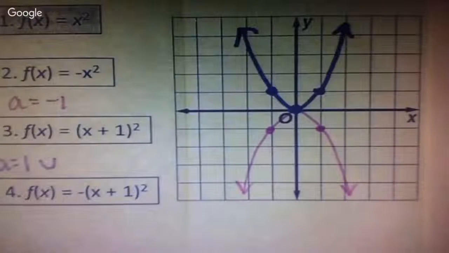However, how does this quadratic move? To the right one? Oh, it doesn't. It goes to the left. Stop. To the left, to the left. Oh, so the right is positive.